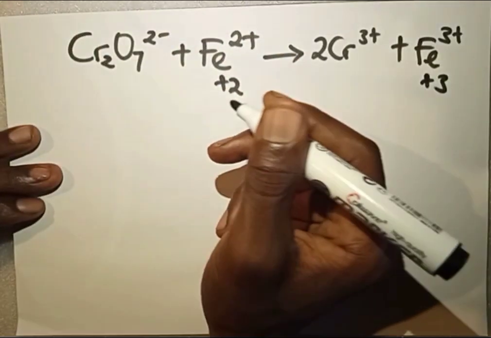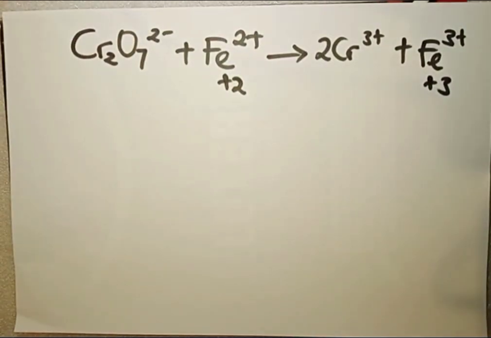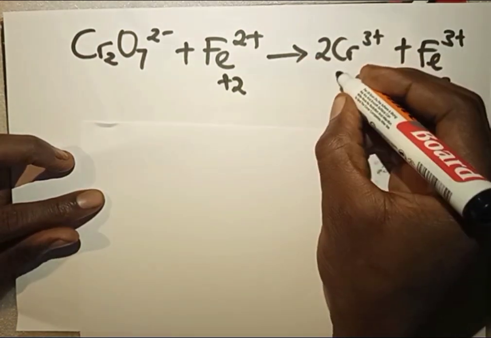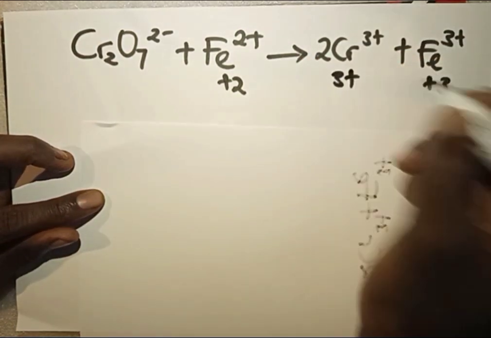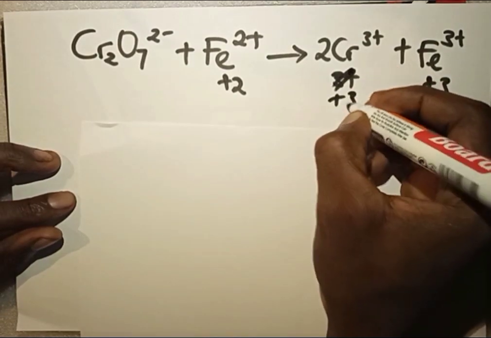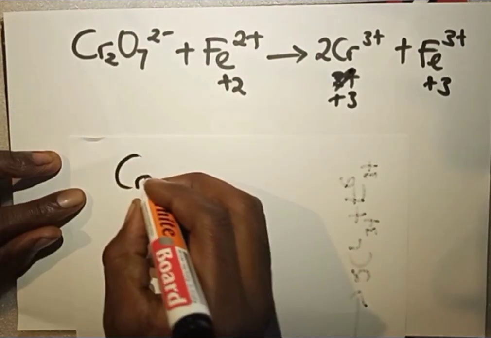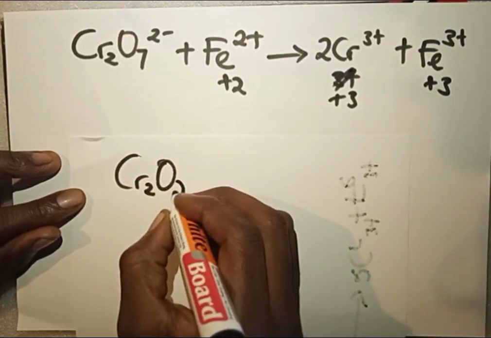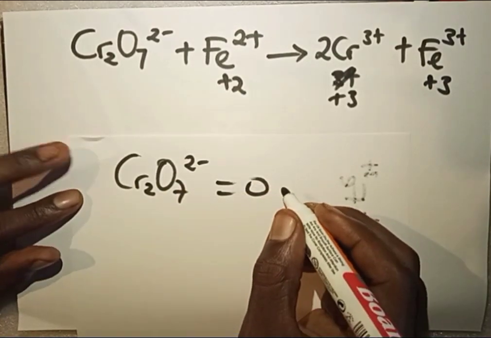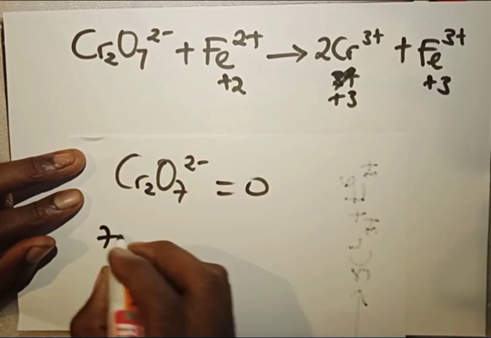If we go to this one, we'll go back to calculations. This alone is plus 3. Then, what is happening here? How are we going to find the oxidation number for these elements? We know that the total is 0. So, we have 7 oxygen atoms.